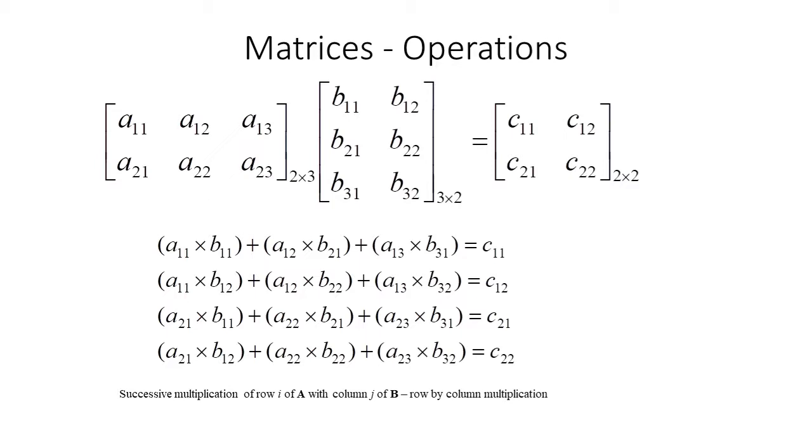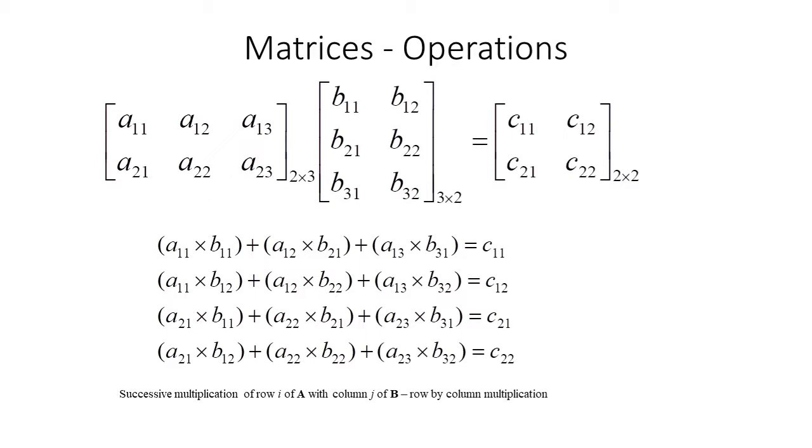Now to find C21 we have to multiply the second row with the first column: A21 multiply B11 plus A22 multiply B21 plus A23 multiply B31, that is equal to C21.